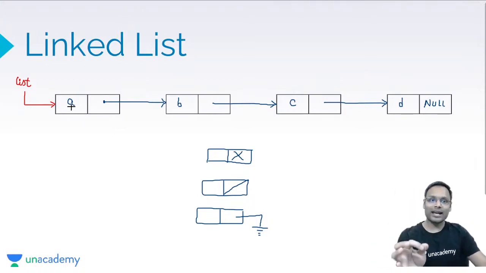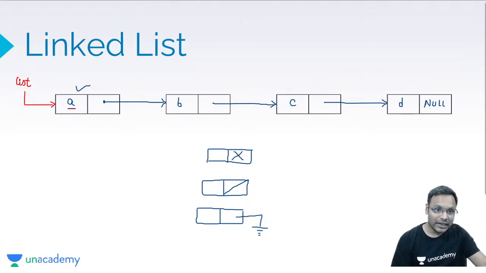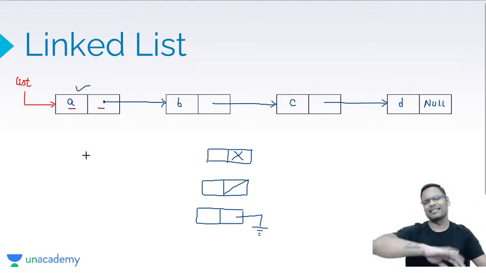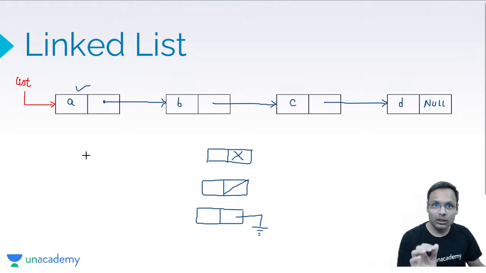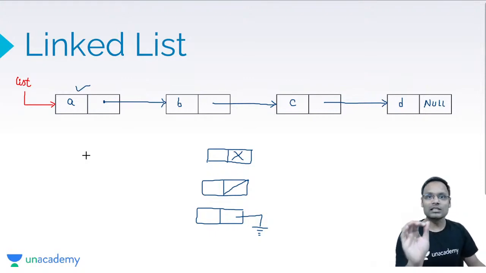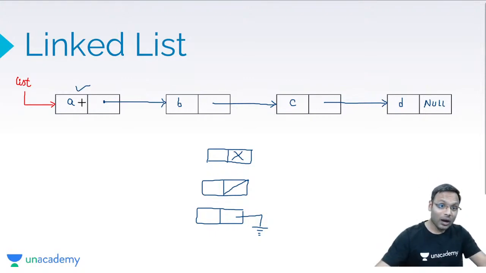If I want to access any part of a node, suppose this is the node I want to access, its data or link part, I will first have to reach that node with some pointer. Right now I know the address of this node, in the list pointer. So I can reach this node using this list pointer.